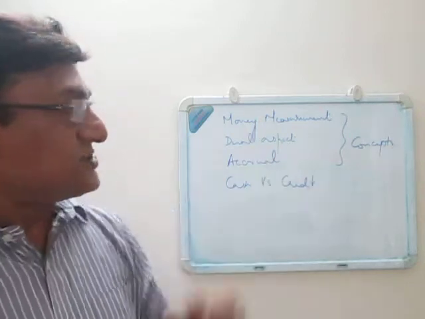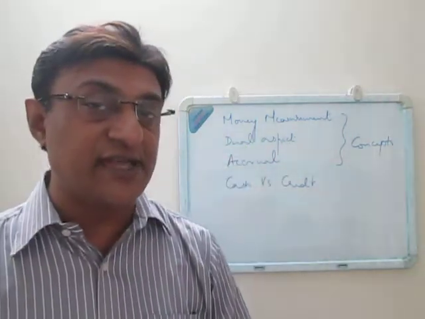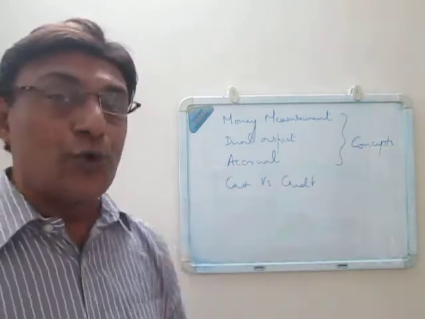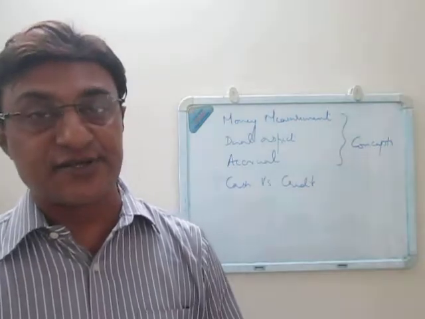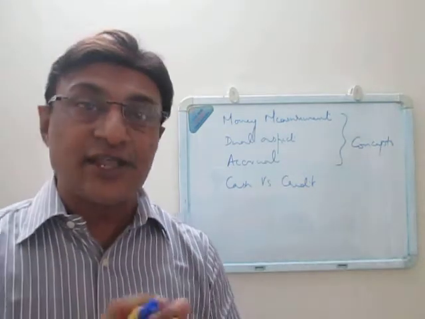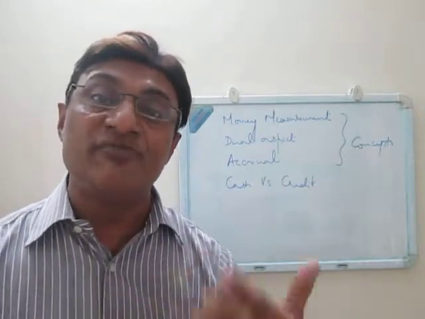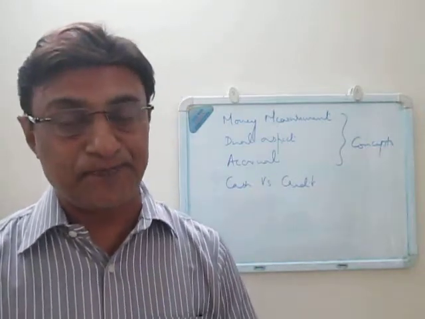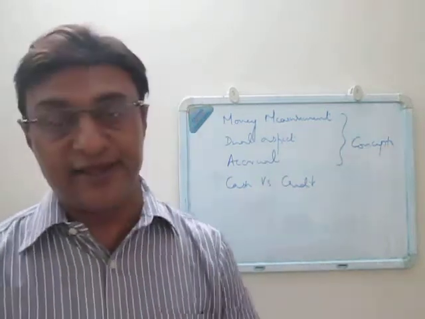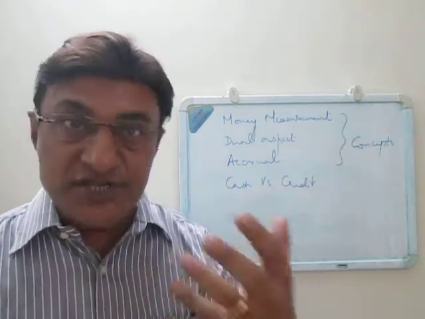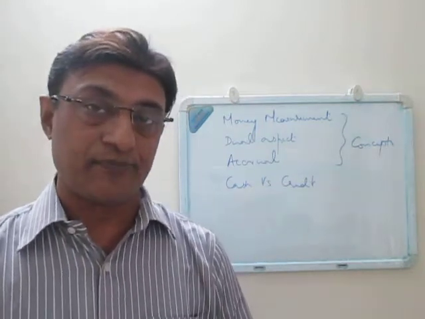So money measurement, dual aspect, one of which is debit and the other is credit, accrual, and cash versus credit. These are the concepts we are going to incorporate and learn the accounting of basic transactions. So they have to be applied appropriately. Those principles have to be utilized in accounting for business transactions.